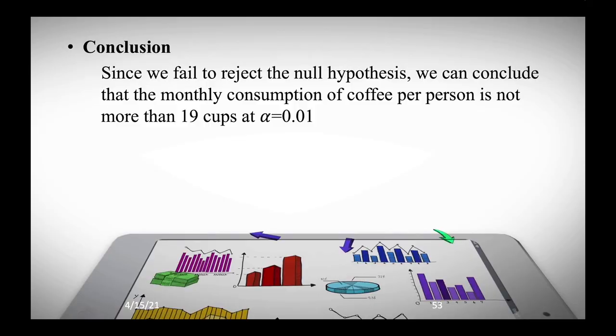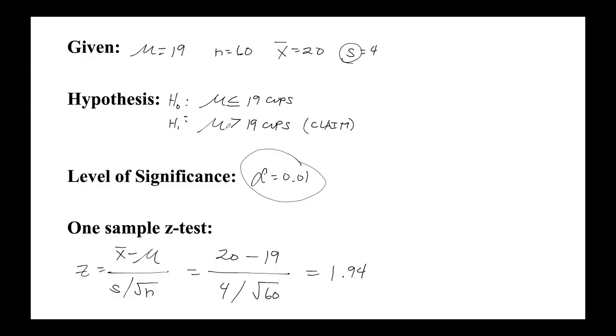Balikan natin yung hypothesis. Fail to reject null hypothesis. So, meaning, parang sinasabing mali yung claim natin na umaangat daw ng 19, statistically speaking, dahil ang average lang is less than or equal to 19.